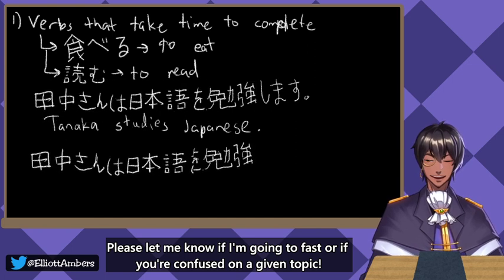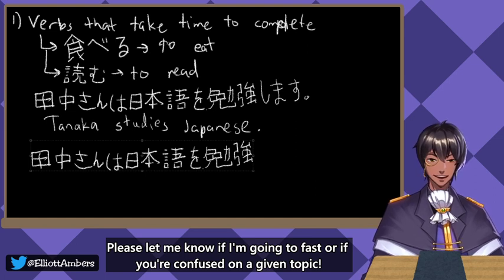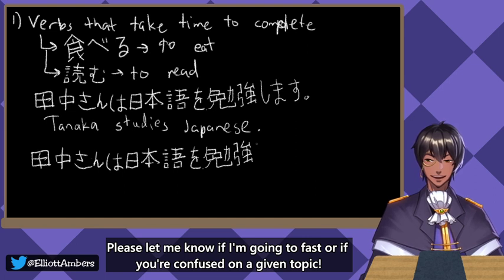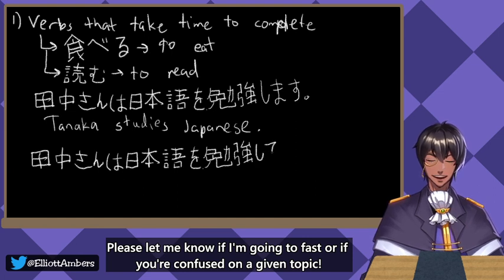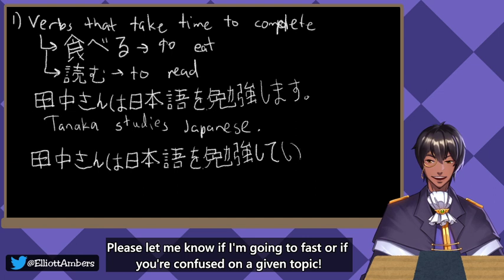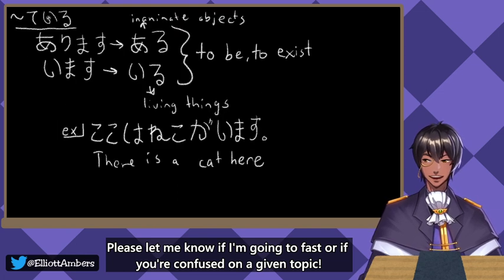And so now, if the ending is written as the following, Tanaka-san wa Nihongo o benkyou shite imasu. Because again, even though I referred to this section here as te iru, the conjugated form of iru is imasu.